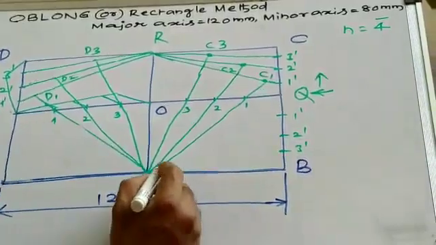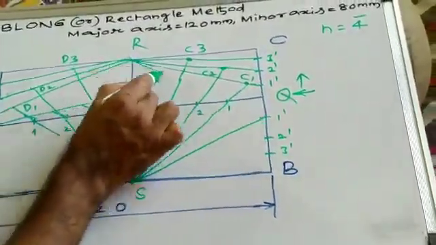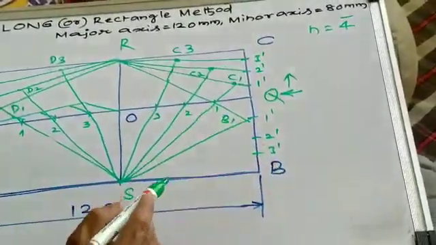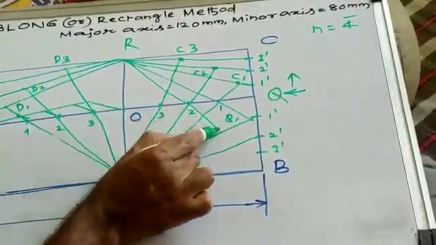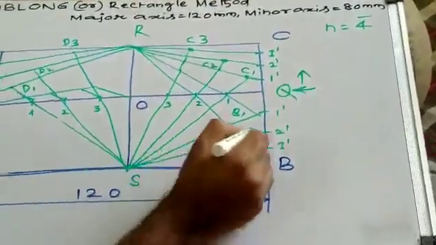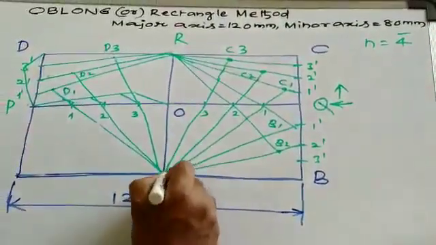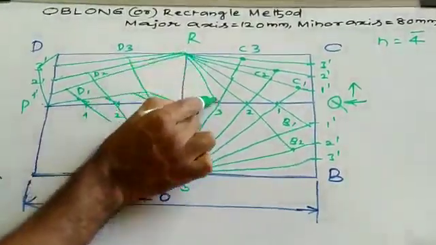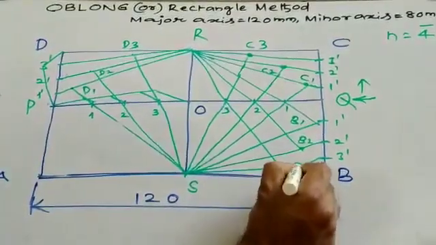Now, S1 dash, R1, B1, S2 dash, R2 line extended up to S2 dash, you will get B2. S3 dash, R3, it is B3.